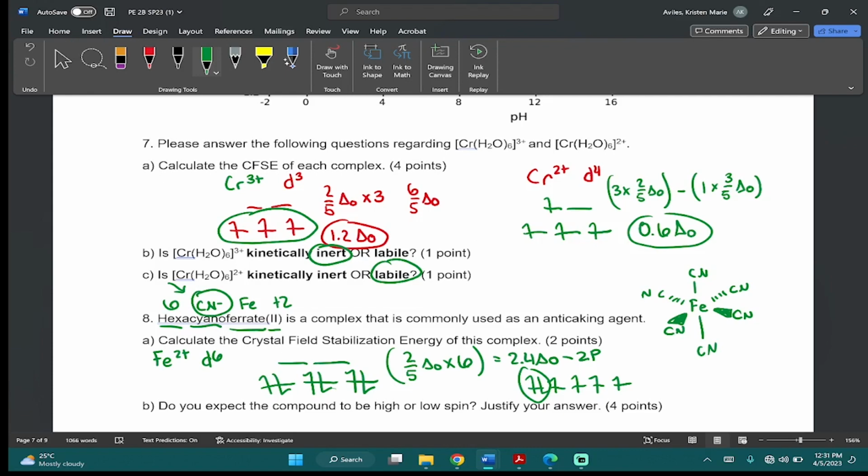So pairing energy will always be the opposite sign. You never really add pairing energy. If you did it the opposite way, then you would have to add pairing energy because then you would have a negative number. But in this case, we're doing positive, so we can minus it out. I don't think we'd take off a lot of points if you switched up the sign of your 2P or pairing energy.